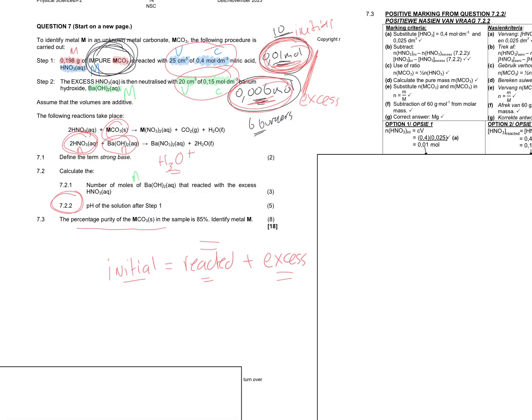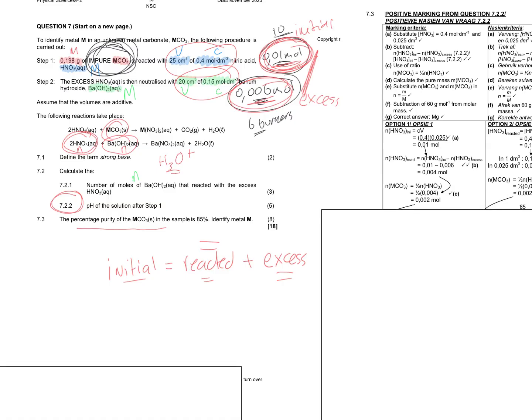Not correct numbers, just showing that the number of moles of HNO3, if you halve it, and you label your stuff, I can give you the C mark for taking a number that you had for number of moles of HNO3, halving it, and thinking that that is the number of moles of MCO3. Using a ratio correctly will get you a mark whether or not you are using the correct numbers.